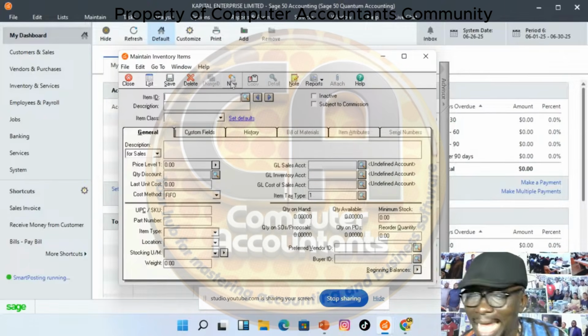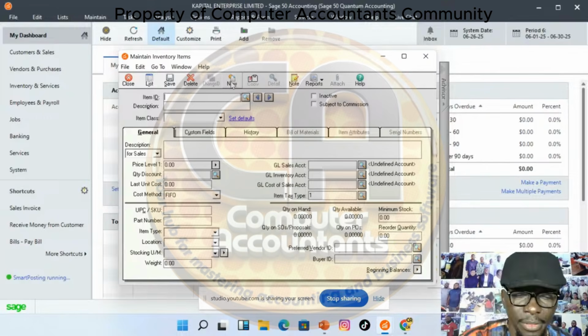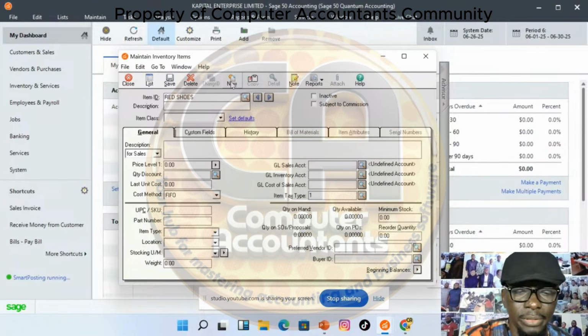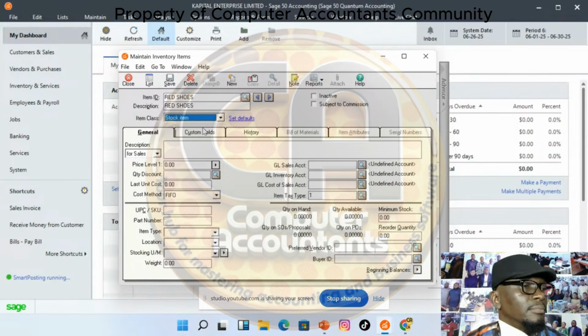Okay, so the next item name there is red shoes. You can also copy it or you can retype it. It's also a stock item.